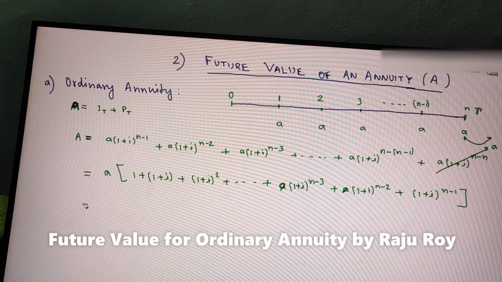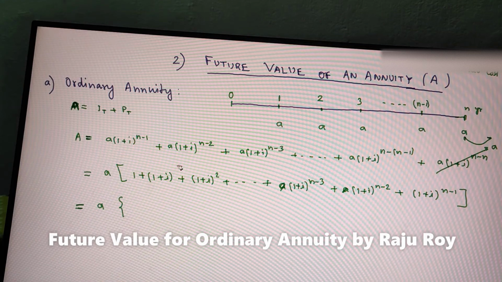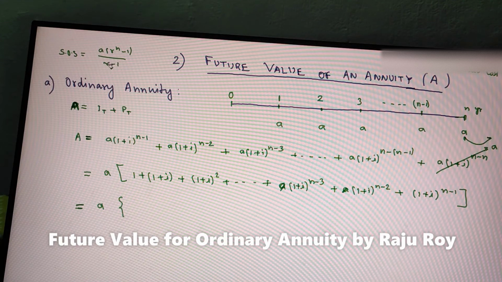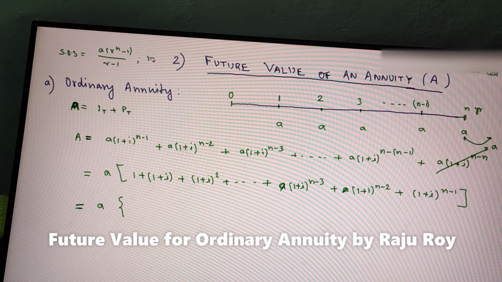Now if you notice, inside the bracket the terms are in GP, whose common ratio is 1 plus i and the first term is 1, right? So what is the summation? In a GP we know the sum of the series is a into (r raised to the power n minus 1) divided by (r minus 1), where r is the common ratio, provided r is greater than 1.